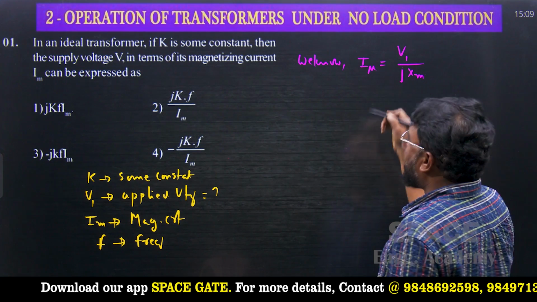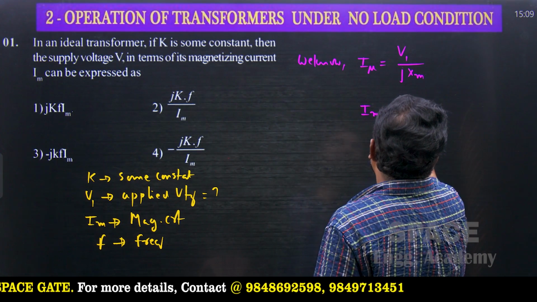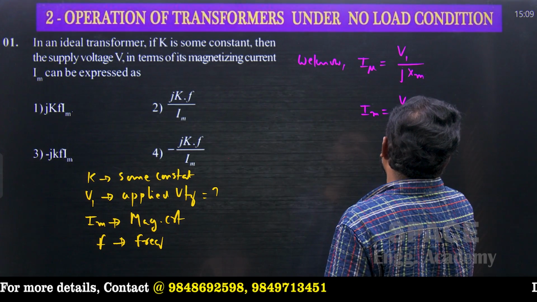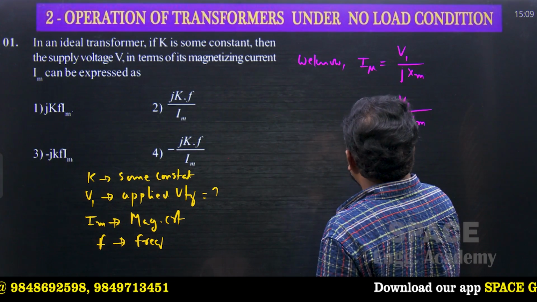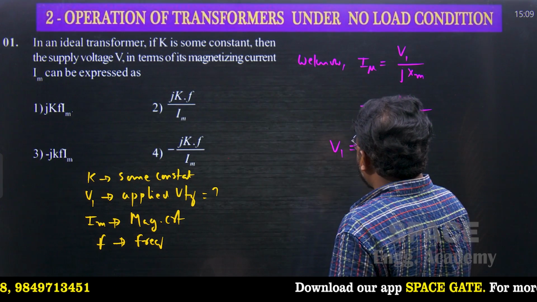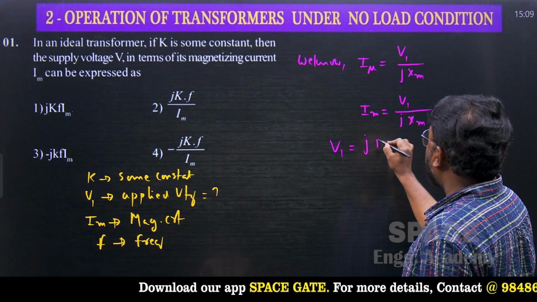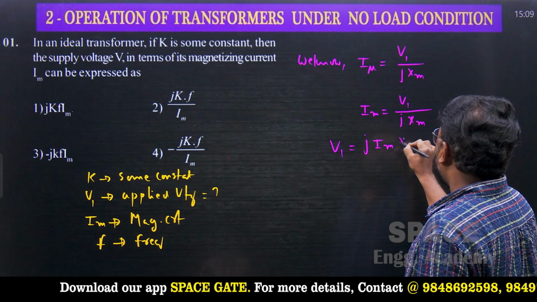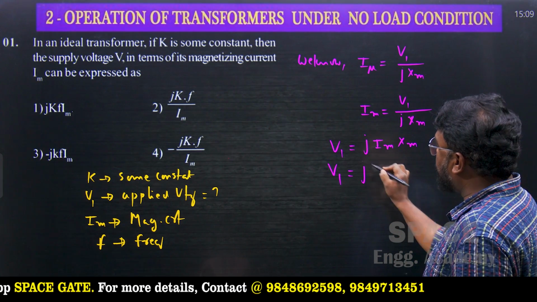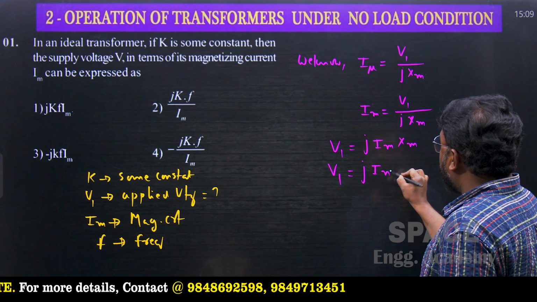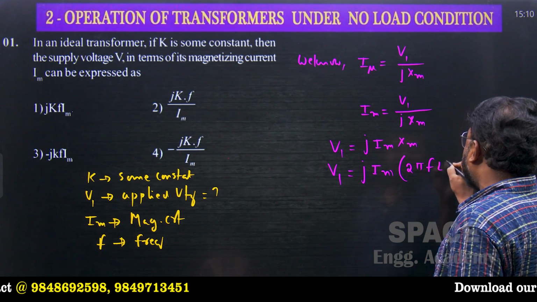So Im is equal to V1 divided by jXm. From this equation we get the applied voltage V equal to j into Im multiplied by the Xm value, and Xm can be written as 2 pi f L.